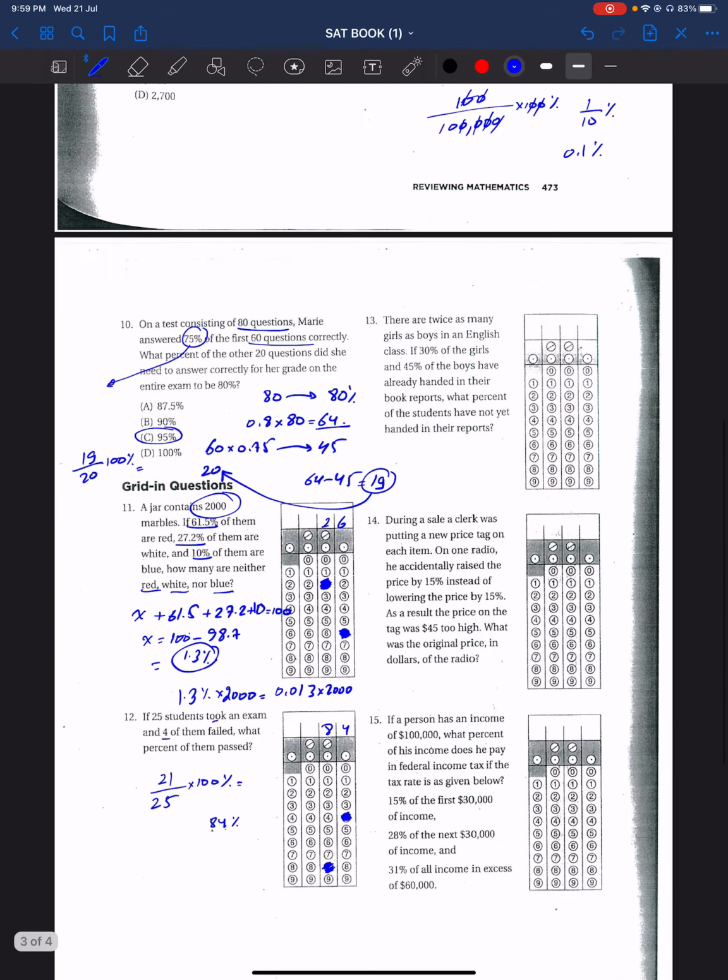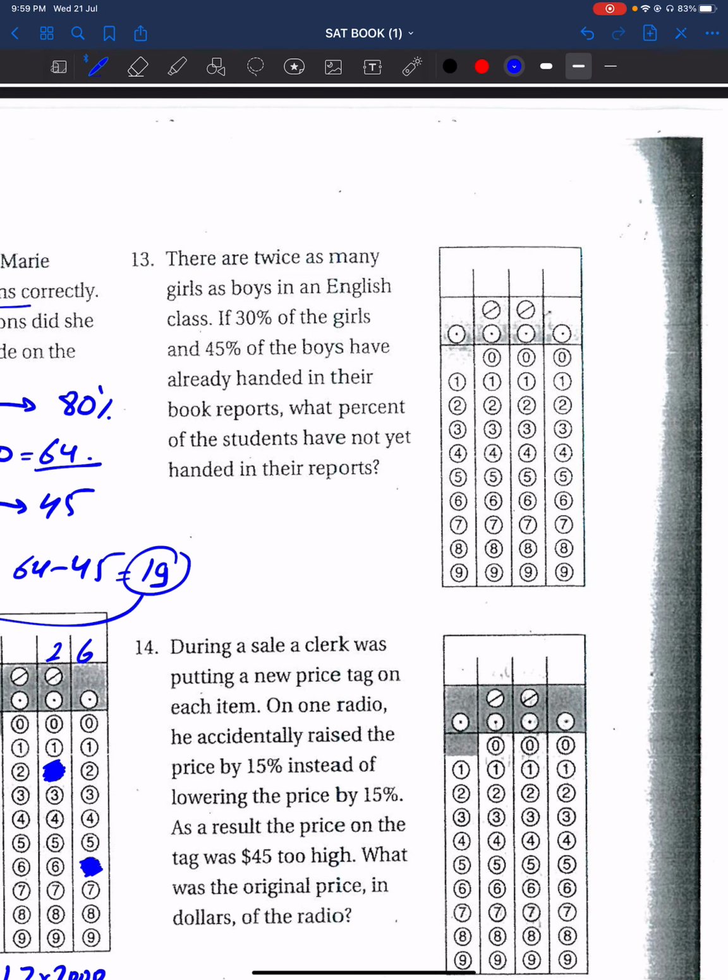Next question, number 13. There are twice as many girls as boys in an English class. If 30% of the girls and 45% of the boys have already handed in their book reports, what percent of the students have not yet handed in their reports? So remember that there are twice as many girls as boys.